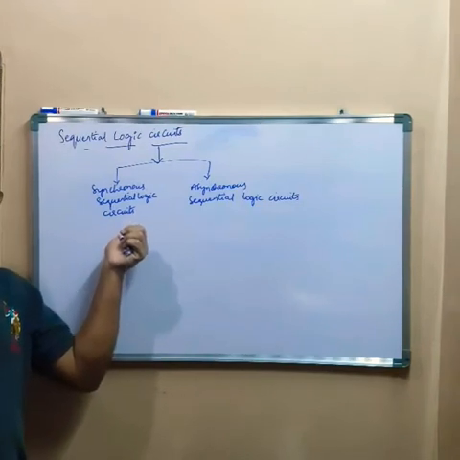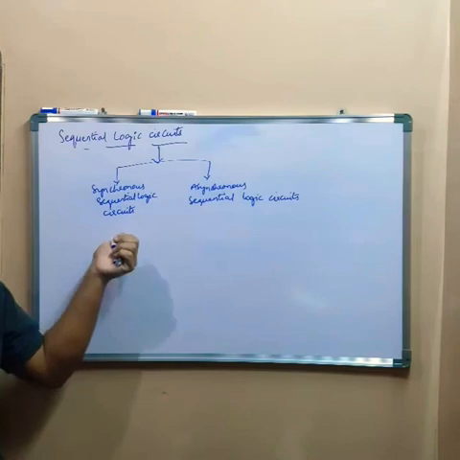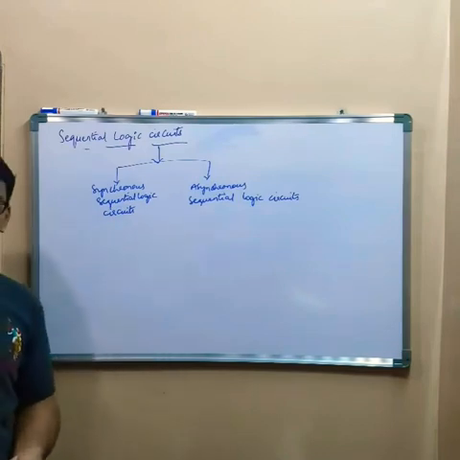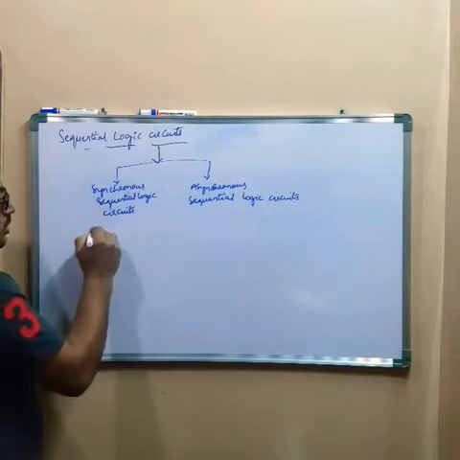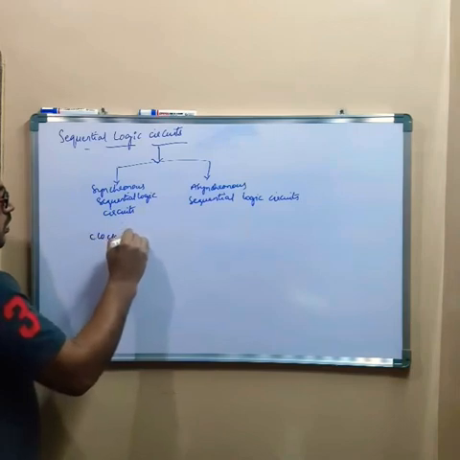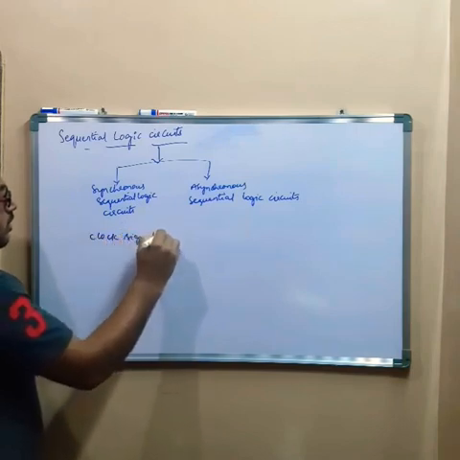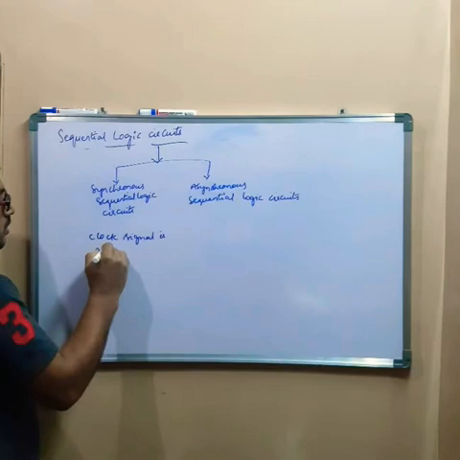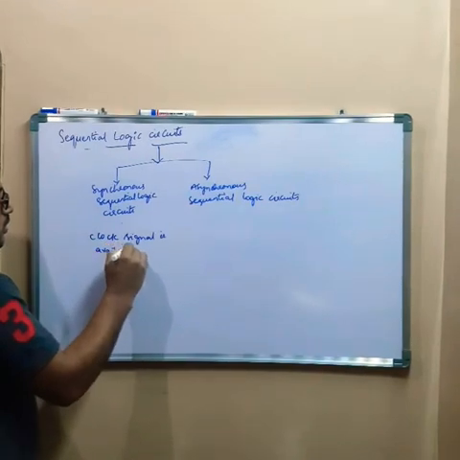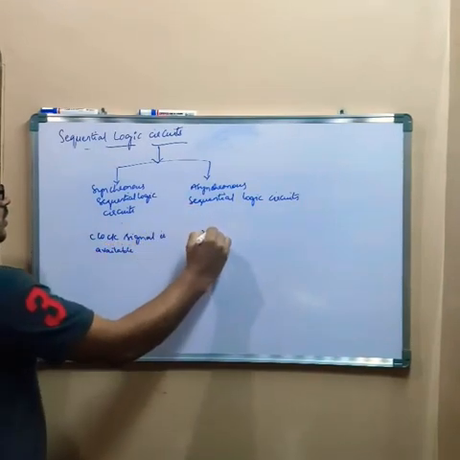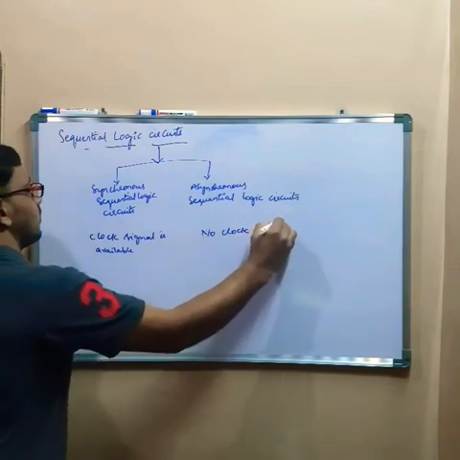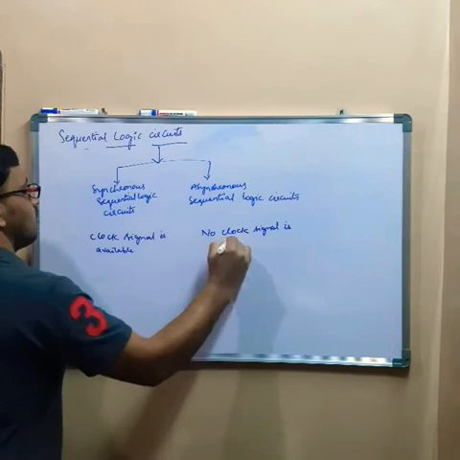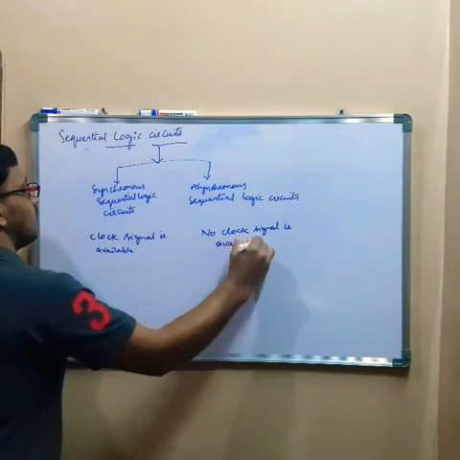The meaning of synchronous sequential logic circuit is that there is a gating signal, a control signal called clock. In case of synchronous sequential logic circuits, the clock signal is available. In case of asynchronous, no clock signal is available.